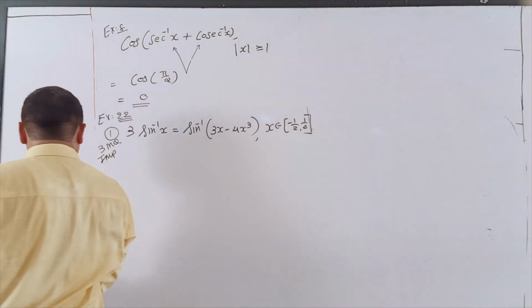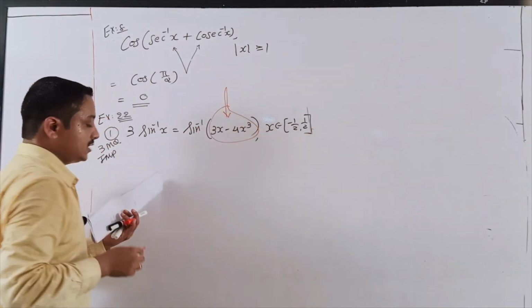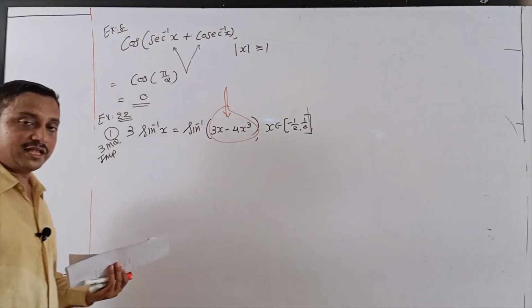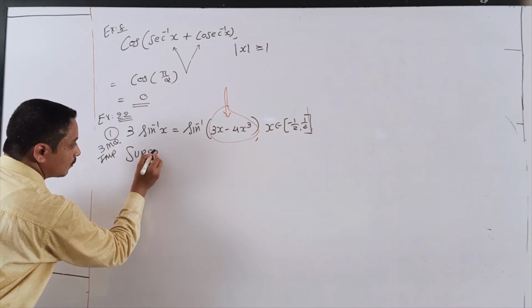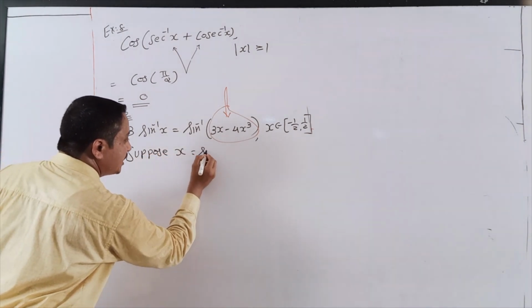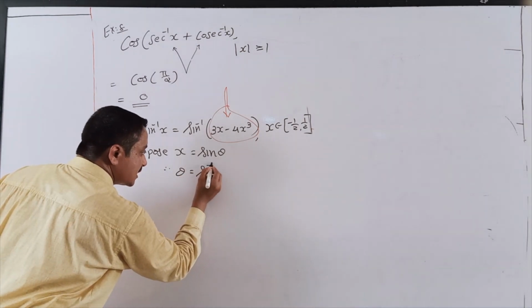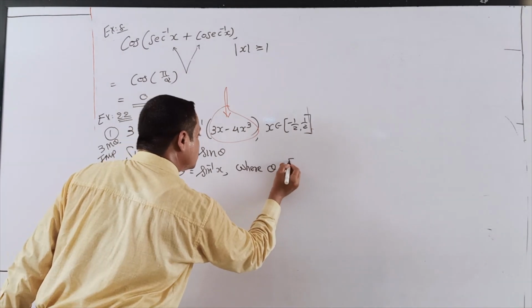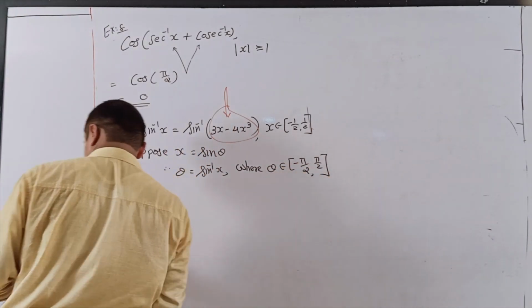Can you remember? If you put x is equal to sin theta, then suppose x is equal to sin theta, an assumption. So theta is sin inverse x, where theta belongs to my range minus pi by 2 to pi by 2.